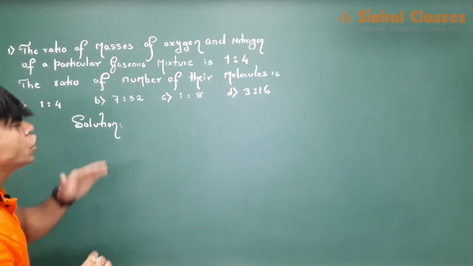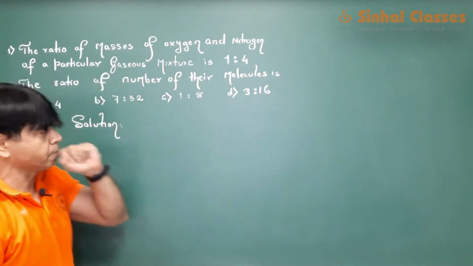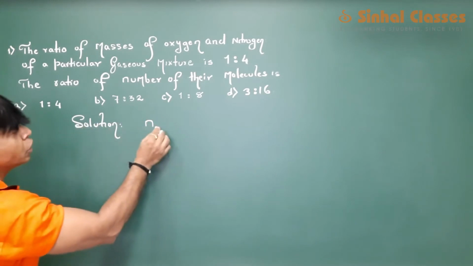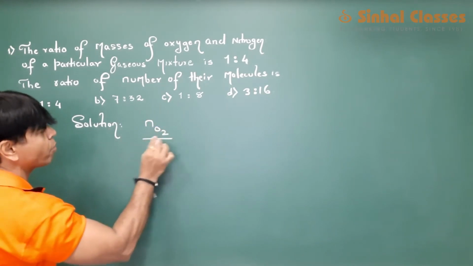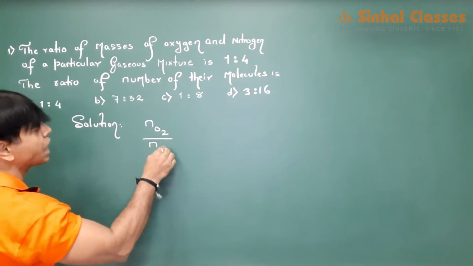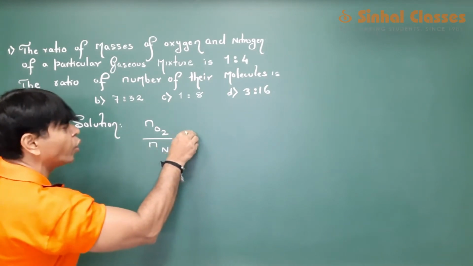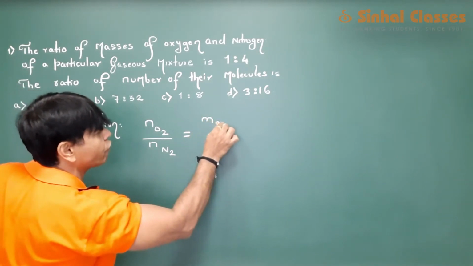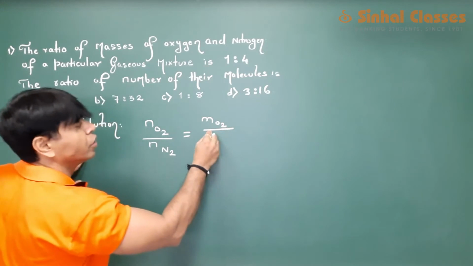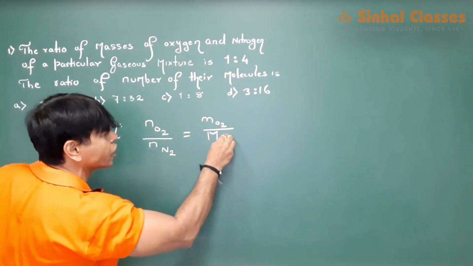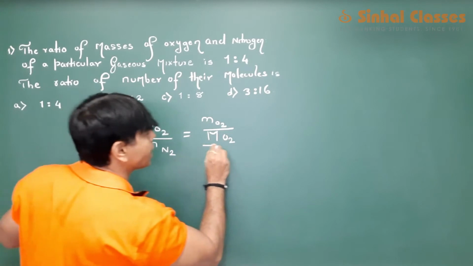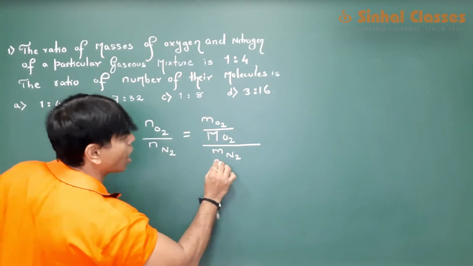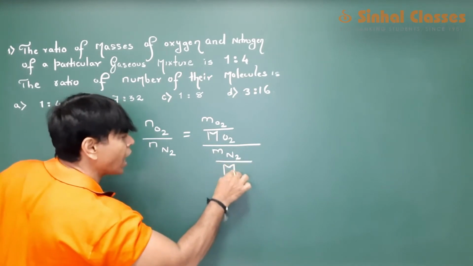What you do is, you take the ratio of moles. N stands for mole. So moles of oxygen upon moles of nitrogen. Now we all know mole is nothing else but mass of oxygen upon molar mass of oxygen, divided by mass of nitrogen upon molar mass of nitrogen.